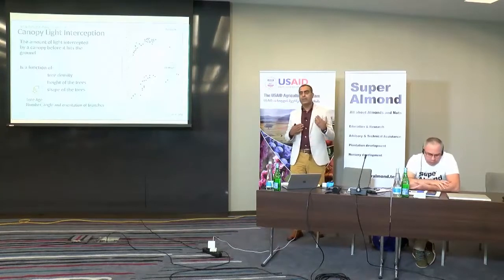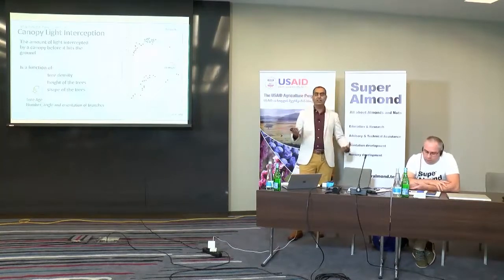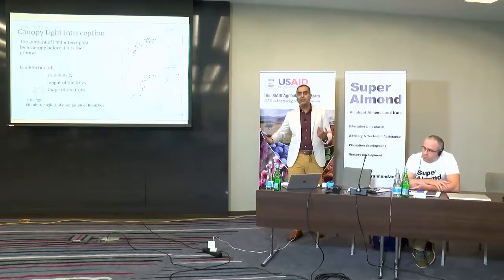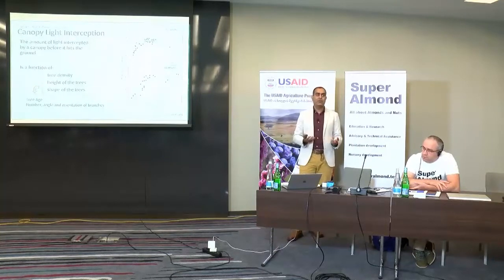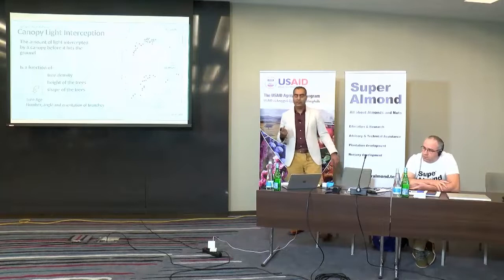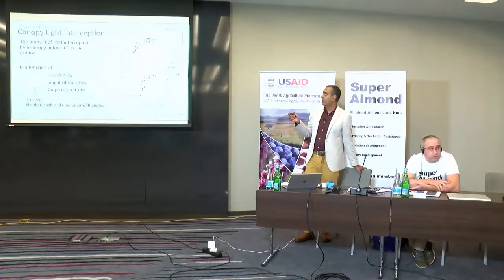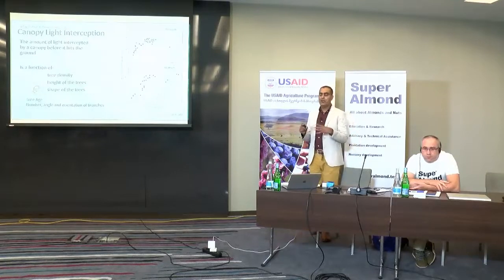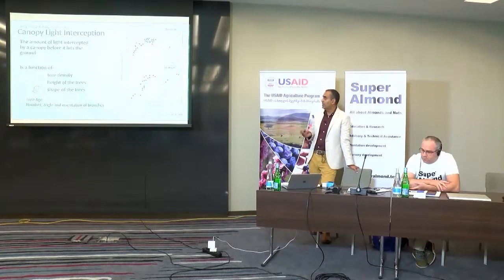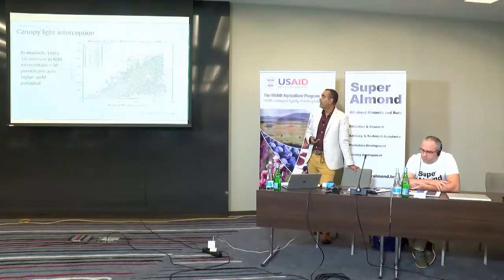So if the spurs are getting shaded for prolonged periods of time, they will stop producing and they will eventually die. So you have to leave some room for the light to get diffused through the canopies. So 80% canopy light interception is basically the goal.